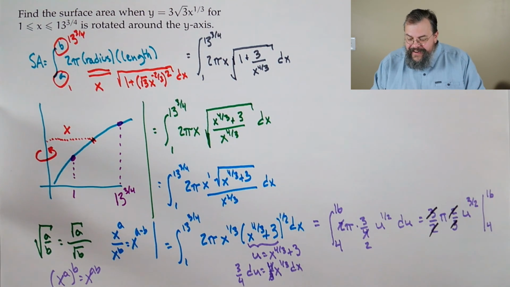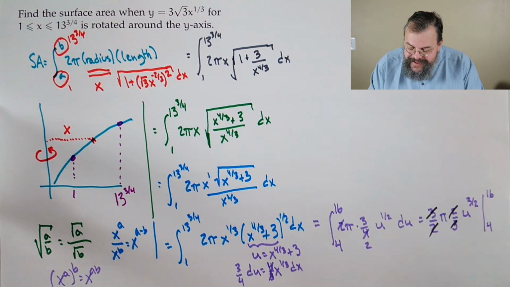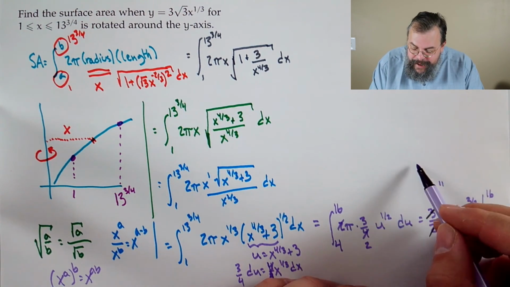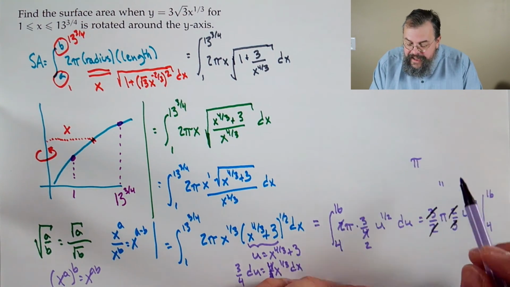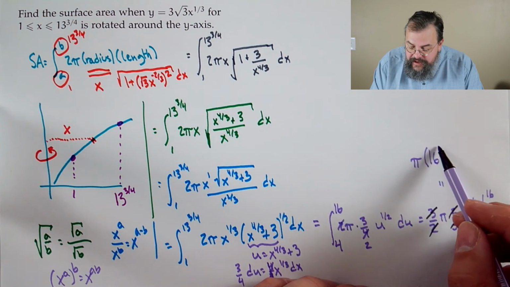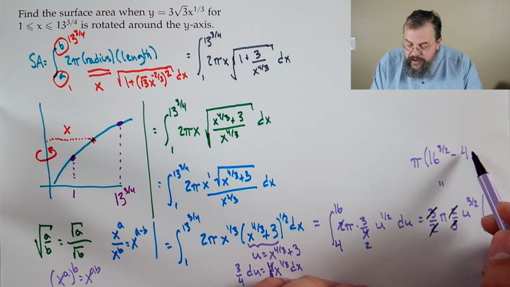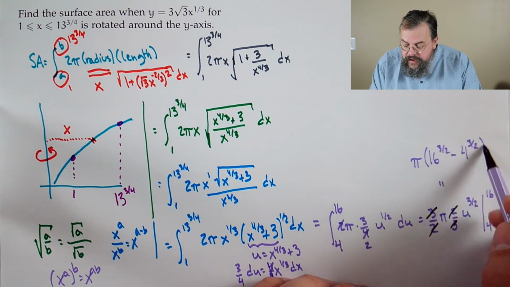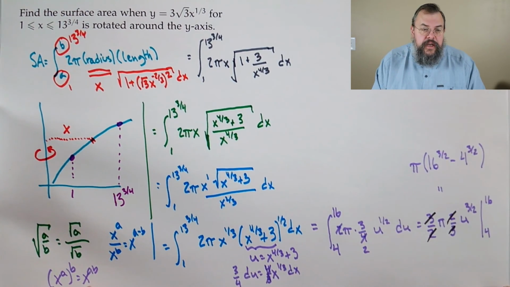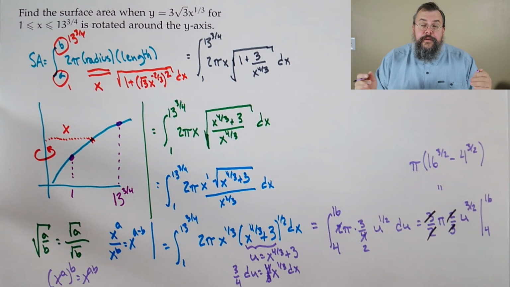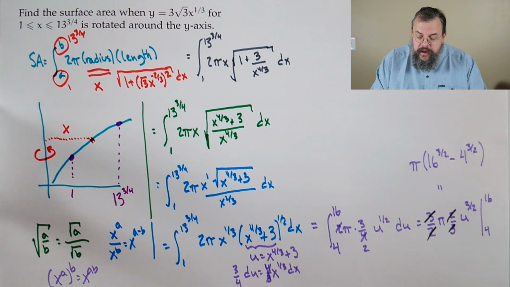Wow. So, we are so close. This is so cool. Okay, so this becomes pi, and then we have 16 to the 3/2, minus 4 to the 3/2. Now, of course, we have to start thinking, okay, 16 cubed. Oh my goodness, what is 16 cubed?